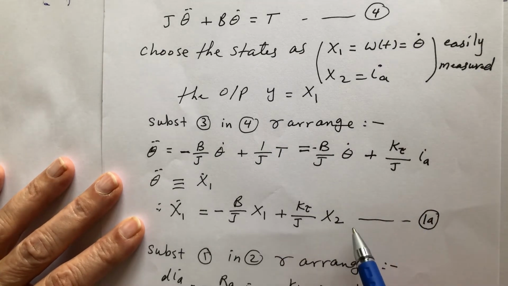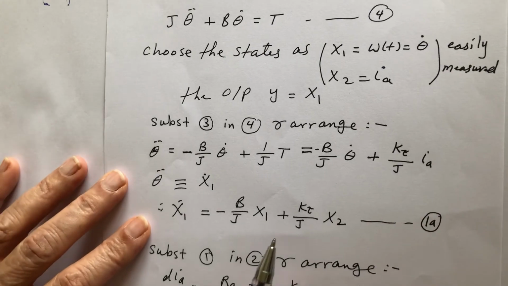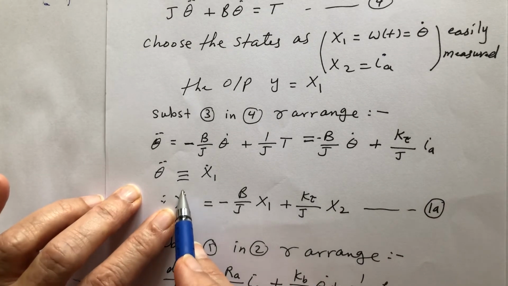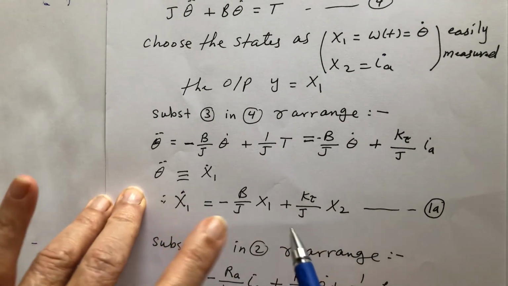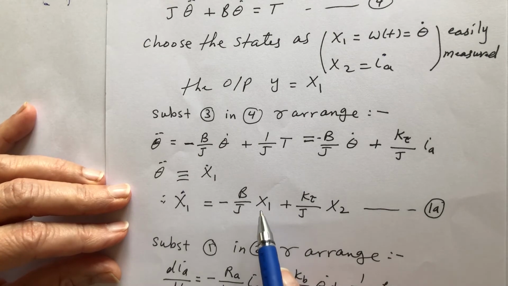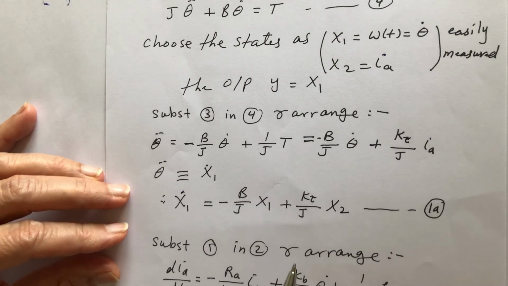So this is in terms of the states. The state equation, I remind you, is the derivative of a state in terms of the states and the input if you have the input. So here you find x1, x2 and the input, nothing else, no dot, nothing, okay? And the parameters of the system.